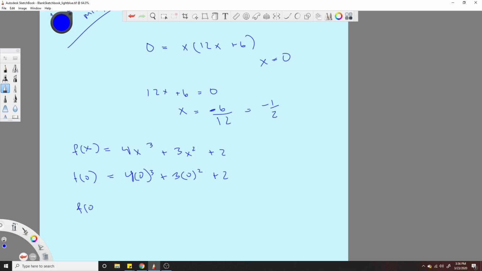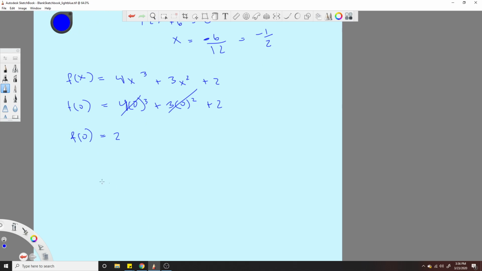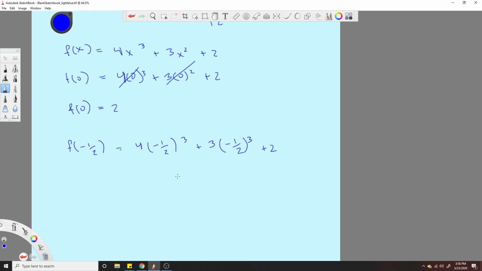So f of 0 equals 2. f of negative 1/2 equals 4 times negative 1/2 cubed plus 3 times negative 1/2 squared plus 2.